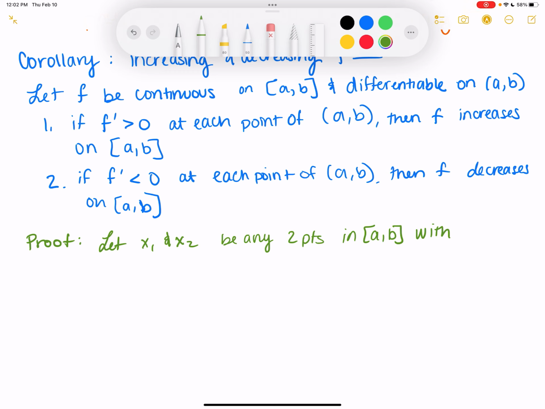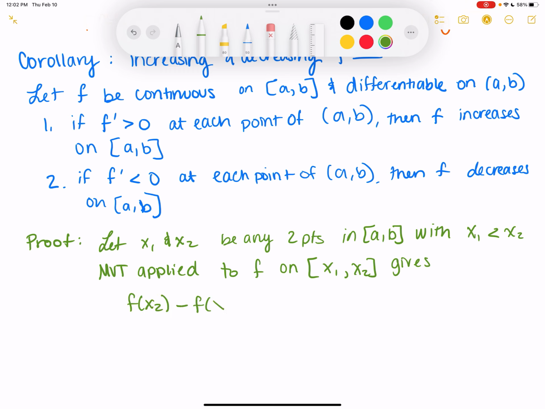All right, so let x1 and x2 be any 2 points in a to b with x1 less than x2. The mean value theorem applied to f on the closed interval x1 to x2 gives f of x2 minus f of x1 equal to f prime of c times x2 minus x1.